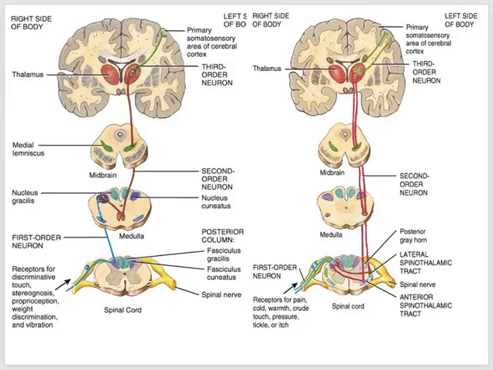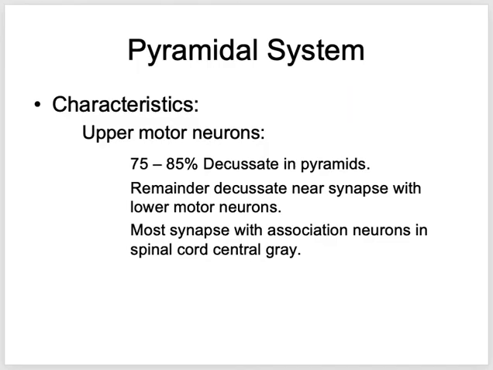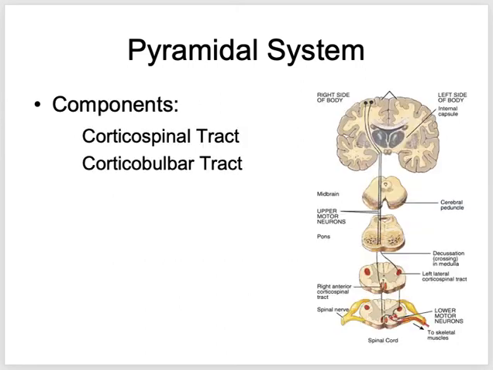This one is showing the ascending tracts. When we study the sensory system, I'm going to discuss this. Whatever I explain, this is further explanation of that. This is the pyramidal system I already told you about. I did not show you this before because that photograph was clearer, but they are talking about the same thing.